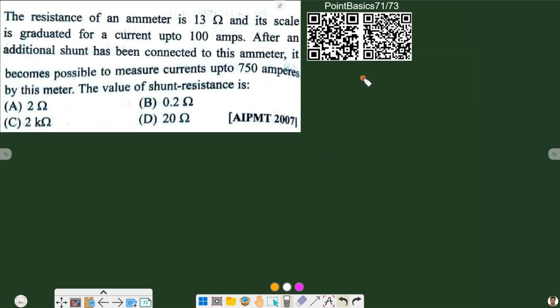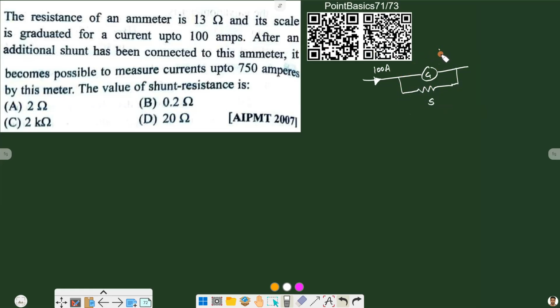Initially we have a galvanometer, and we have some resistance, suppose S, and this whole circuit is measuring current up to 100 ampere. So the maximum current that can go through this circuit is 100 ampere, and the total resistance of this circuit is given to be 13 ohm.